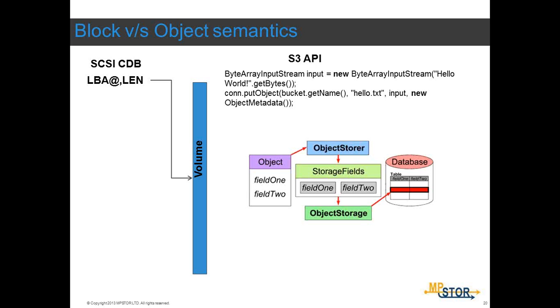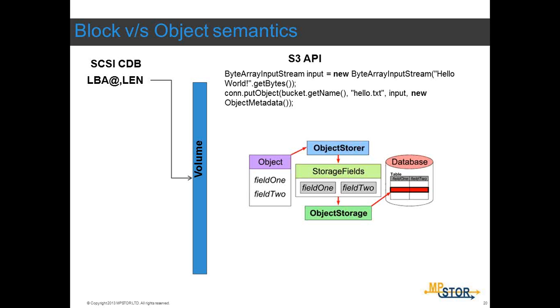With object store semantics, one can indeed build a block device on top of them. However, it's very cumbersome and has very many performance issues because of the large number of steps you need to translate between giving a block address and then mapping that to an object store.